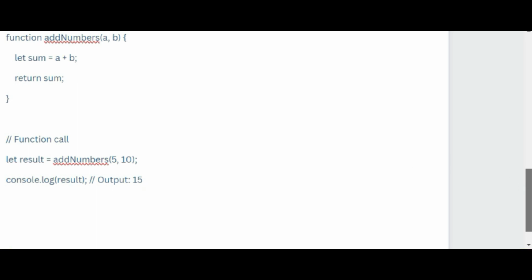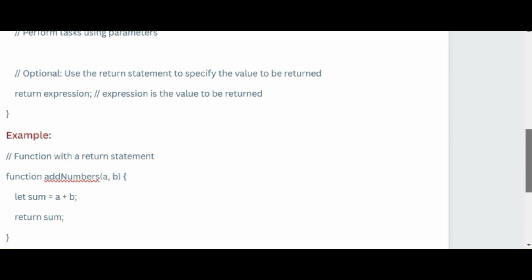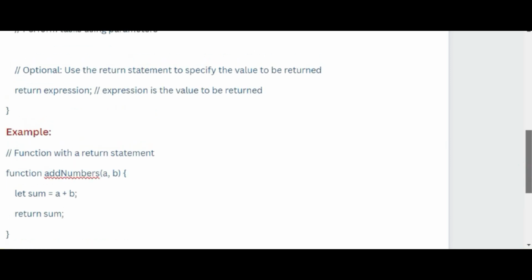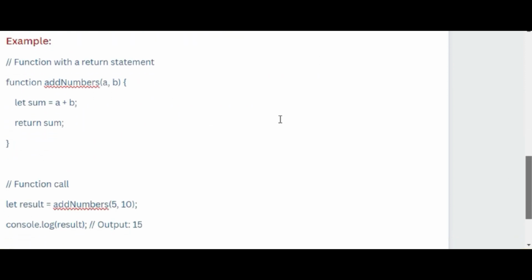All right, so I'm going to explain the example, how and why this is working, right? Function with the return statement, so you can understand it deeply with the example, and I can relate it with the syntax also, okay. So in the function declaration, the addNumber function takes two parameters, a and b.